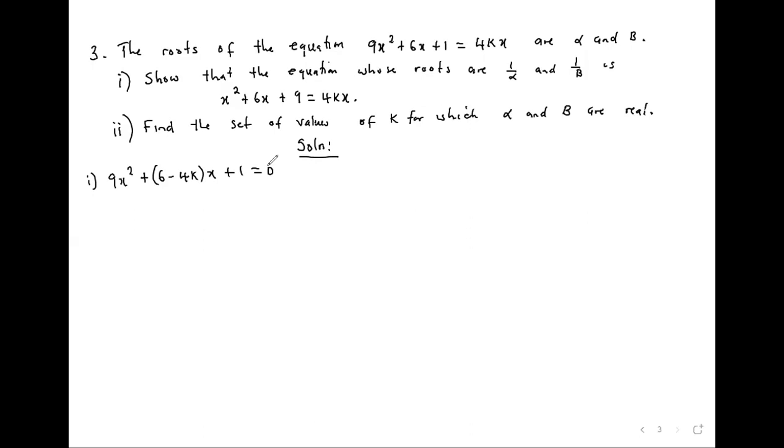So if we were given 4kx squared, we would have done it with the 9, the one in front? Yes. Because then there would have been something common.